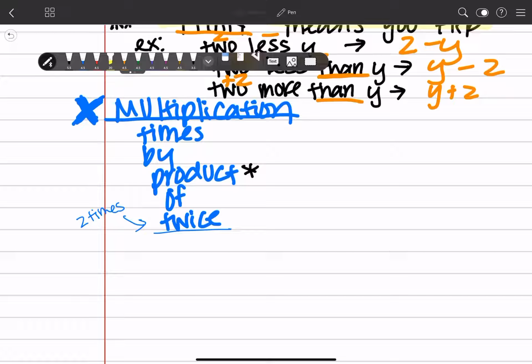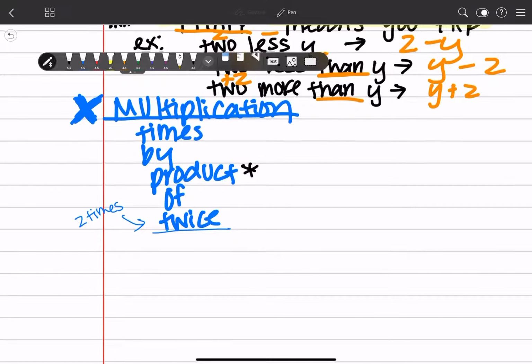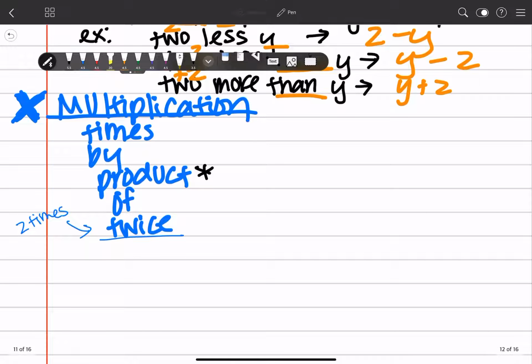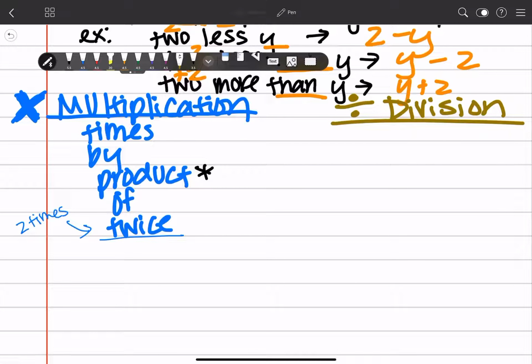All right, next we're going to do division. I'm going to do it in a gold color. I am going to use our very traditional division symbol. Kind of like what we did in our PEMDAS assignment. All right, so division into quotient.